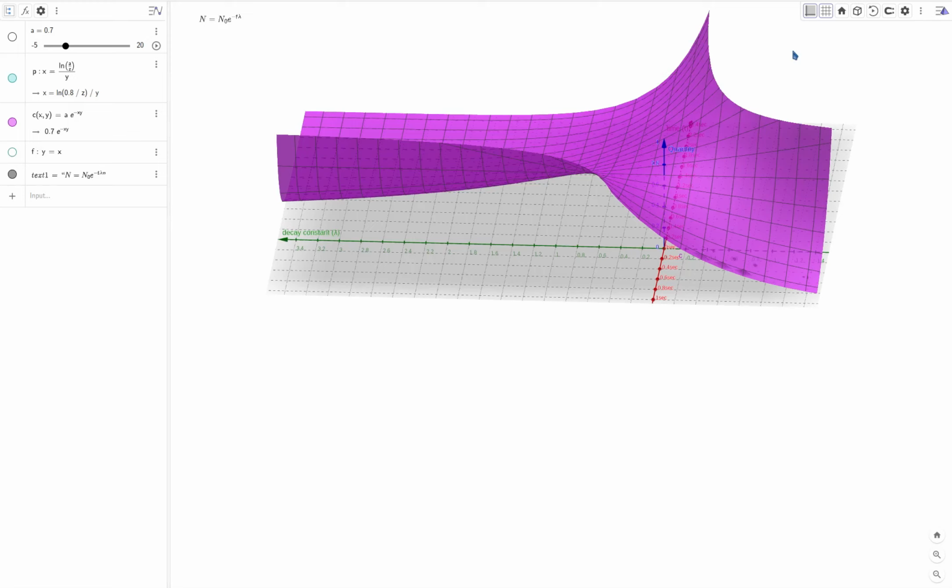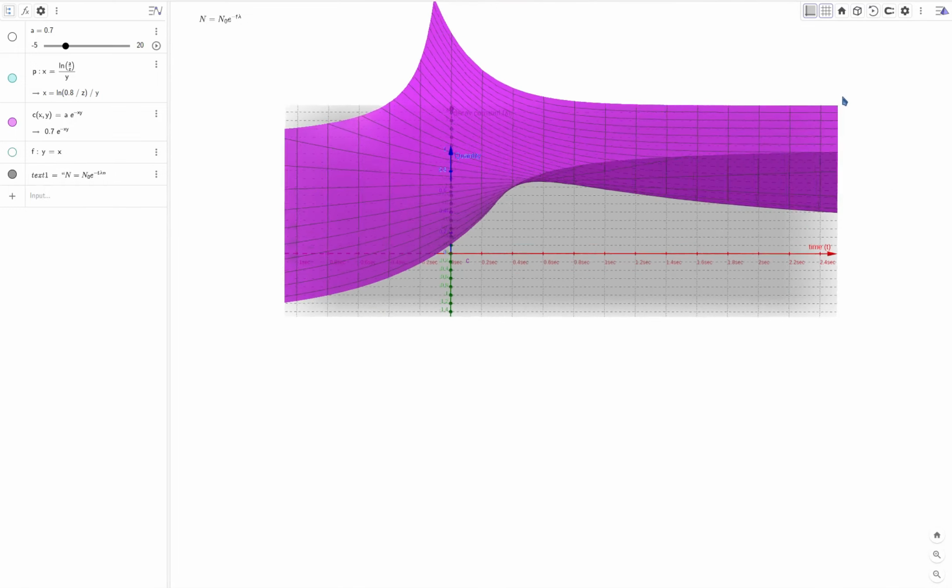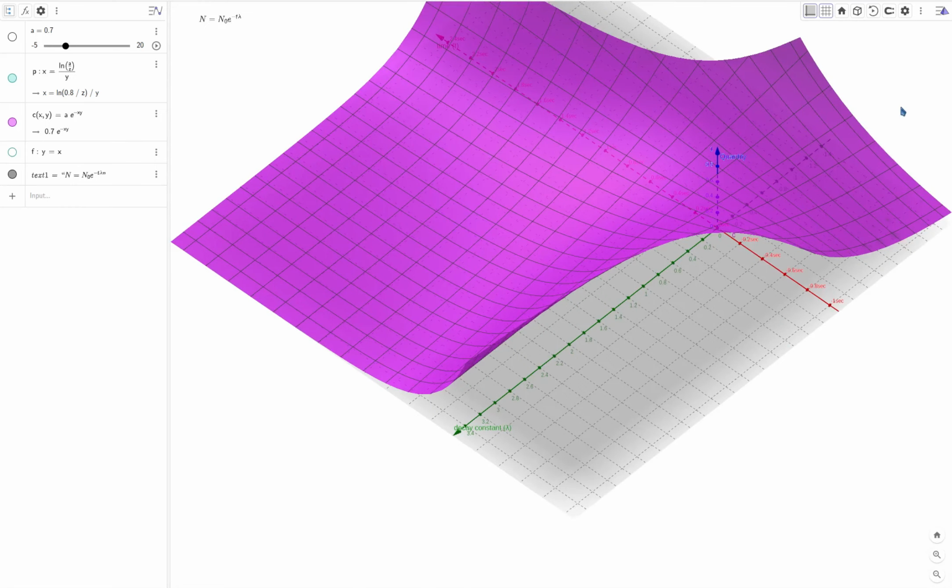Because if our decay constant was negative but time was positive, the negative times negative out the front of that exponential would be positive, and so we'd end up getting an increase in the amount of stuff per time.